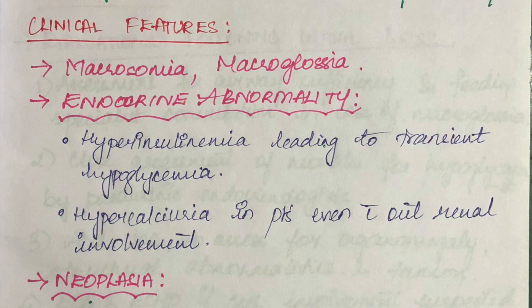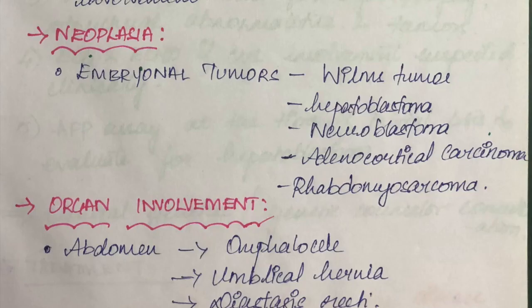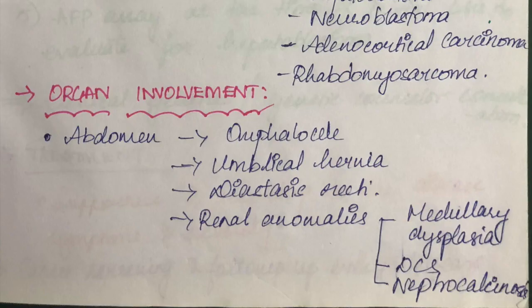And if you see the neoplasia, they can have embryonal tumors like Wilms tumor, hepatoblastoma, neuroblastoma, adrenocortical carcinoma, and rhabdomyosarcoma. The organs involved are in the abdomen: omphalocele, umbilical hernia, diastasis recti, and renal abnormalities like medullary dysplasia and nephrocalcinosis.